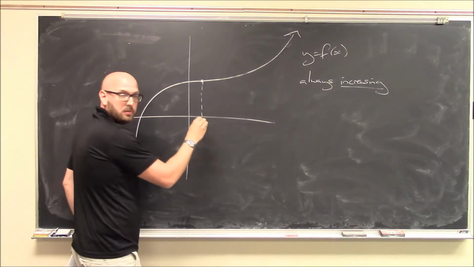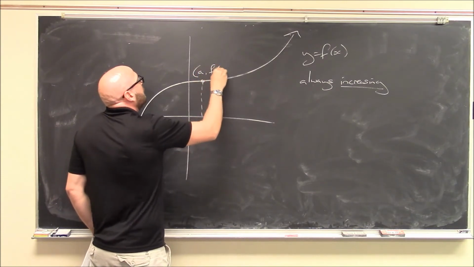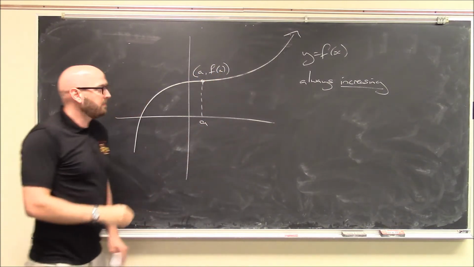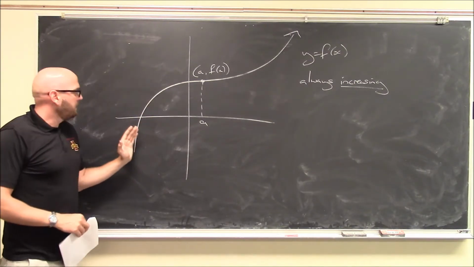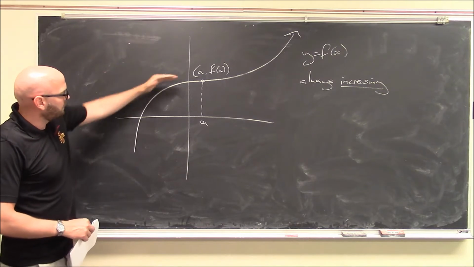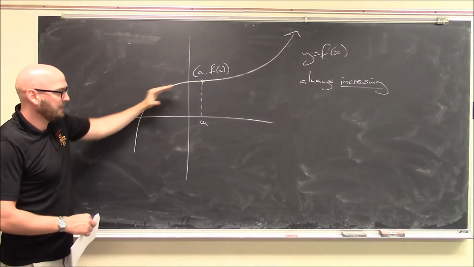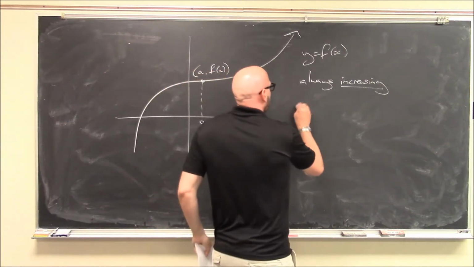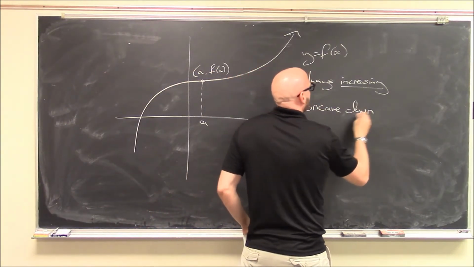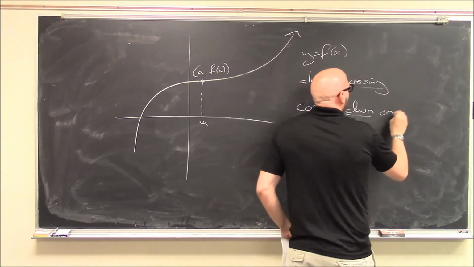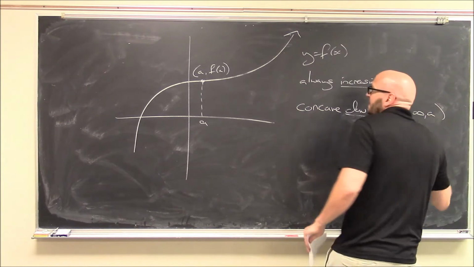Let's say this is x equals a, and there's the point on the graph a and f of a. Well, what about to the left of a? To the left of a, this is forming this dome shape, so this is a concave down function over here. Right, so it's concave down on minus infinity up to the point a.